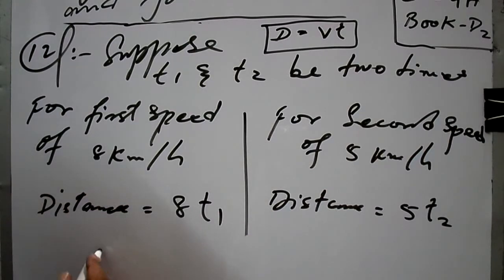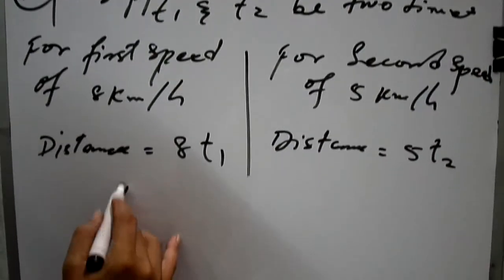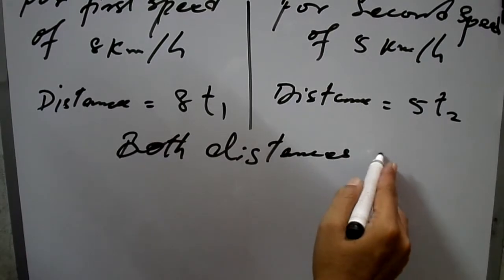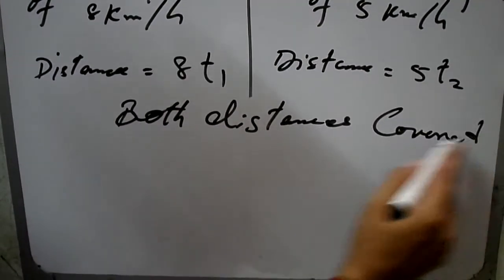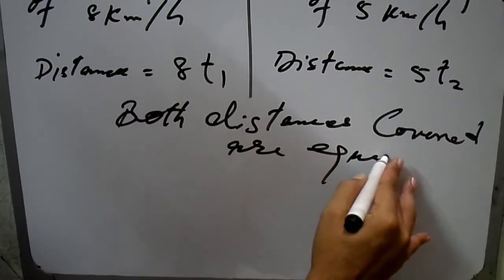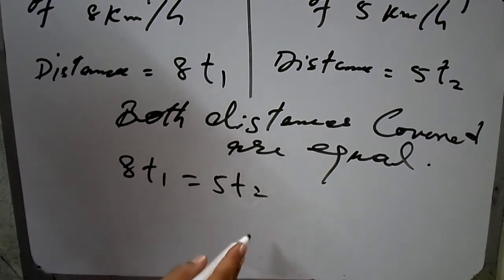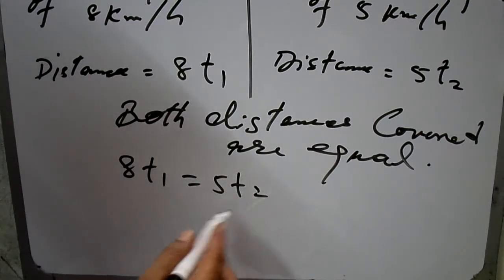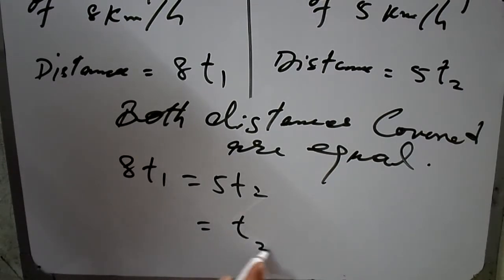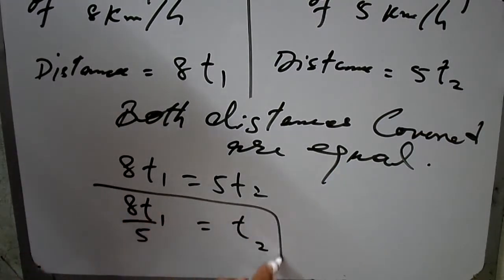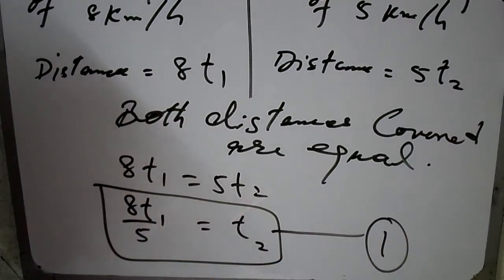So by the given condition, both distances covered are equal. So compare it: 8T1 is equal to 5T2. So the value of T2 is 8 by 5 T1. That is your equation number 1.